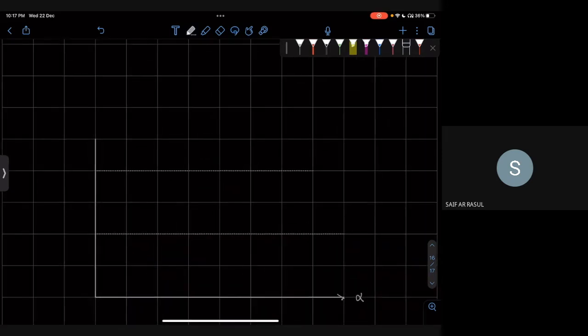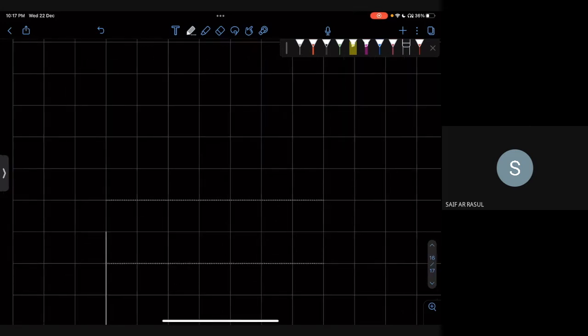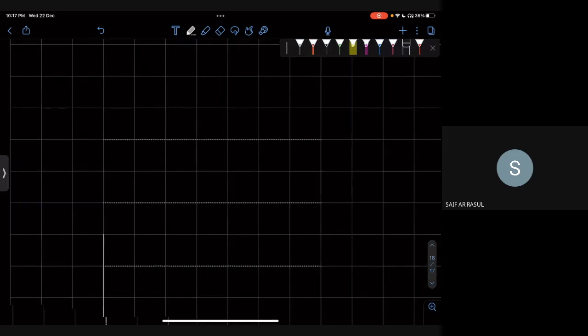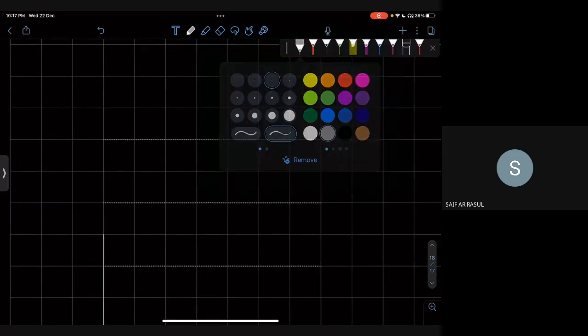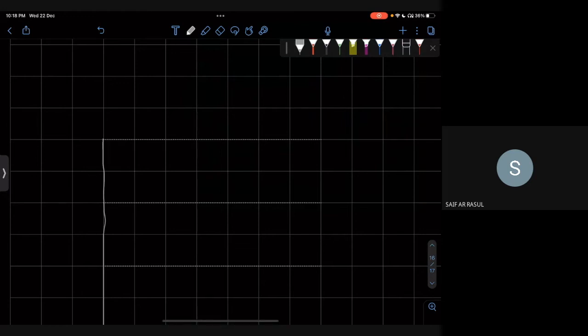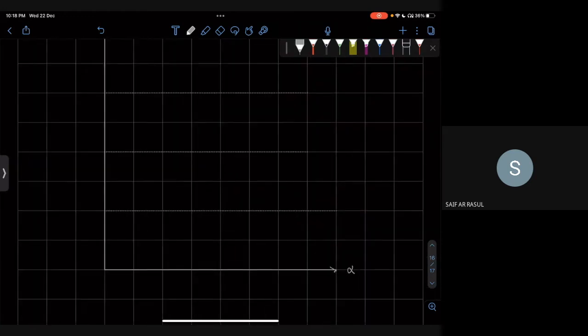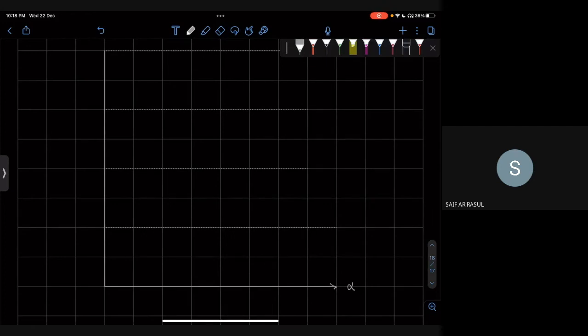We are going to be drawing multiple things on the same graph. So first, for n equals 1, our right-hand side is going to be something like this.